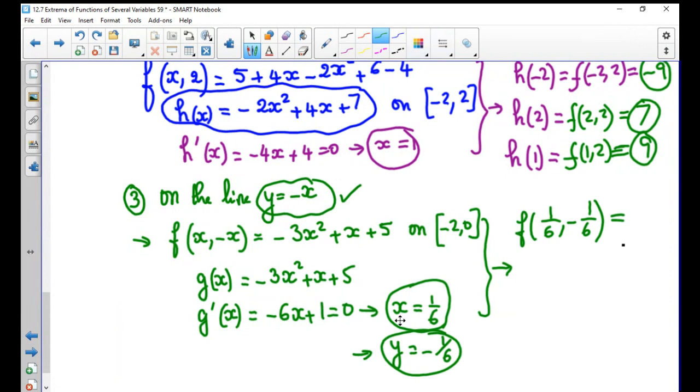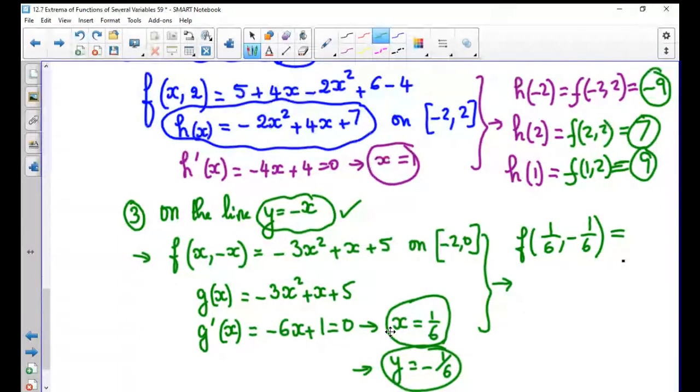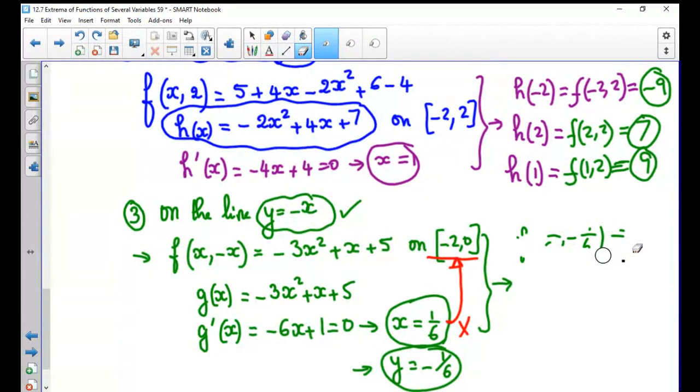Oh, wait a minute. Wait a minute. There is a problem here. x equal 1 over 6 is not in this interval. So it's not in the interval minus 2, 0. So this point is not there, because on the line y equal minus x x is only from minus 2 to 0.